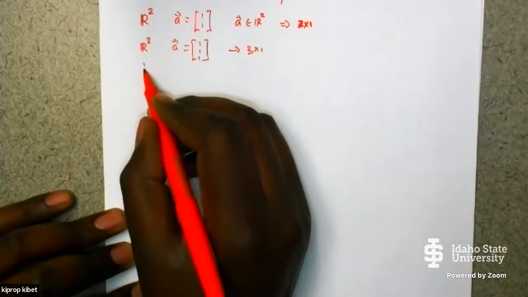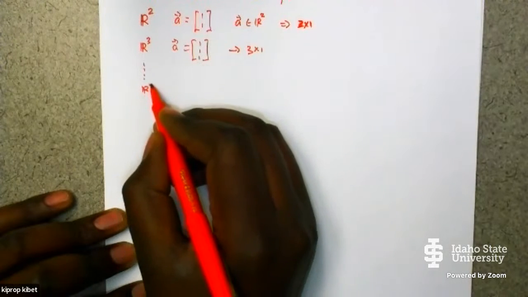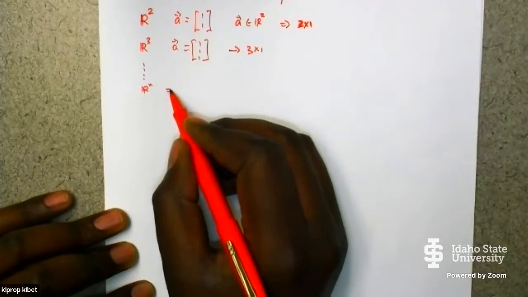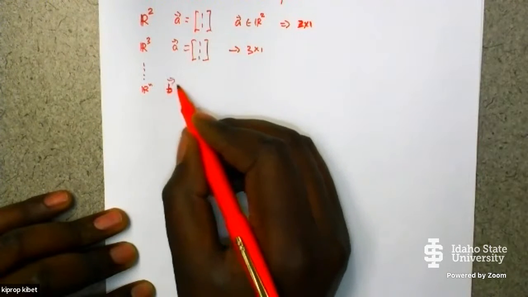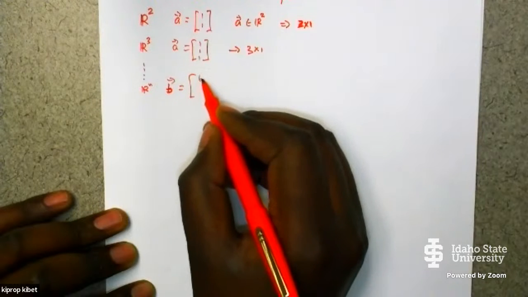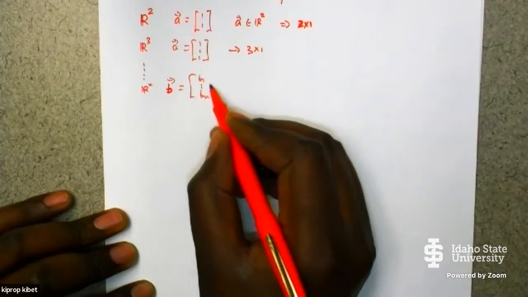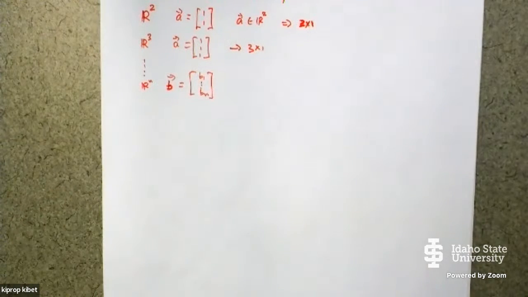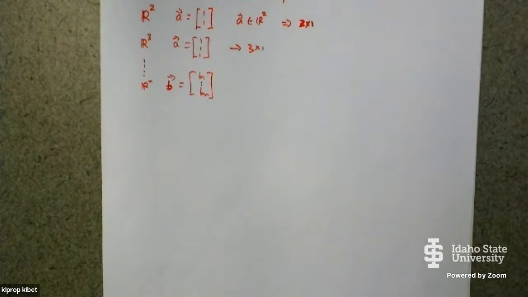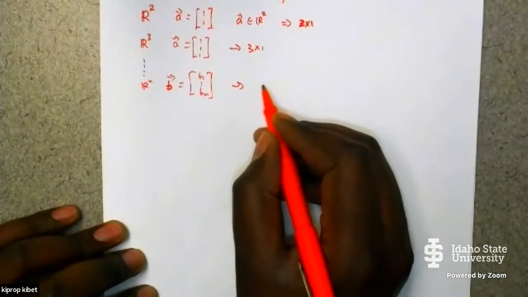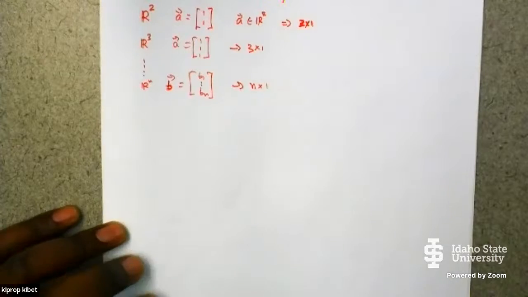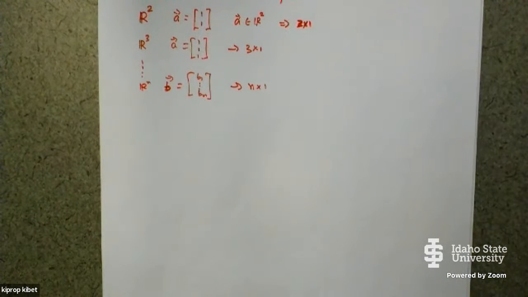If we continue like that up to Rn, then there are n entries. Let's say we have the vector B, which is equal to B1 up to Bn. This is a vector which has n entries, so this is n by 1.